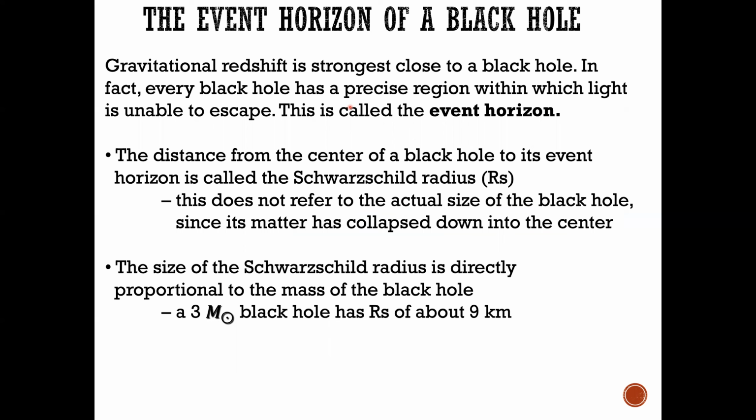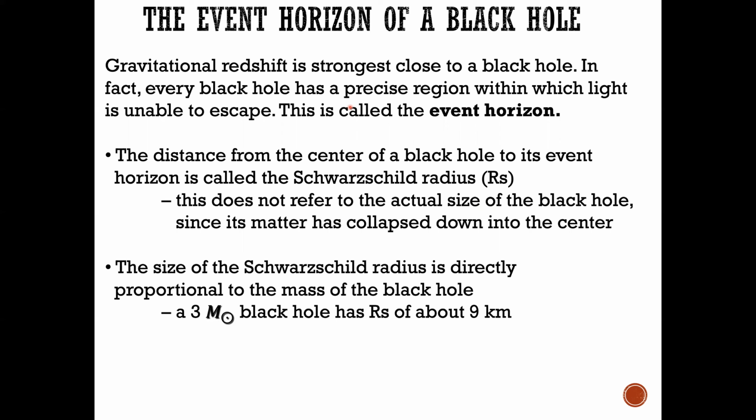Now, if you consider the radial distance from the center of a black hole, there is a region which we call the Schwarzschild radius. And that Schwarzschild radius value is actually the distance to the event horizon from the center of the black hole.